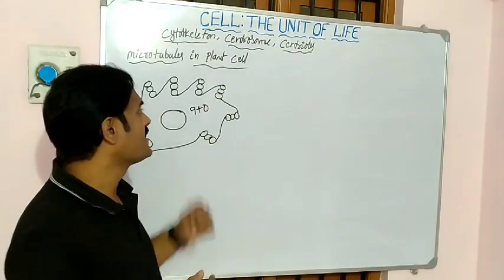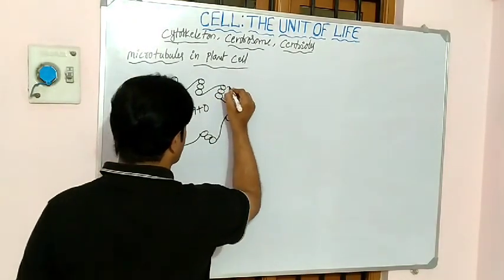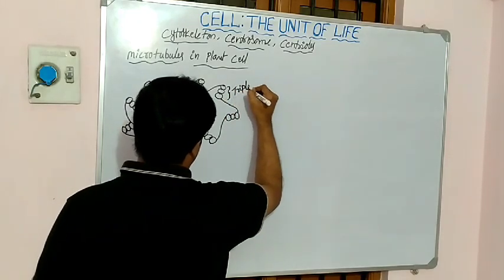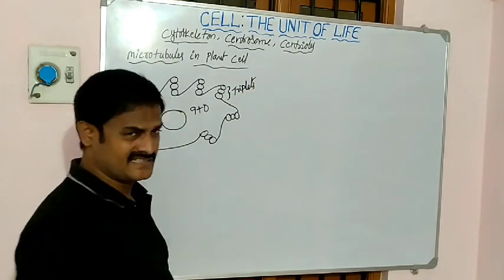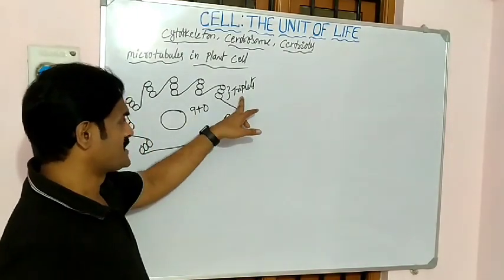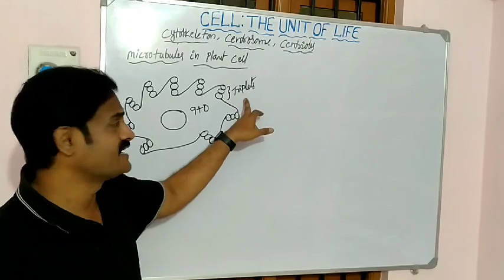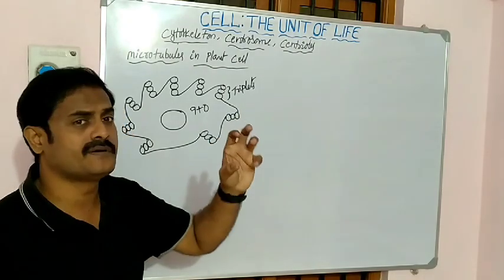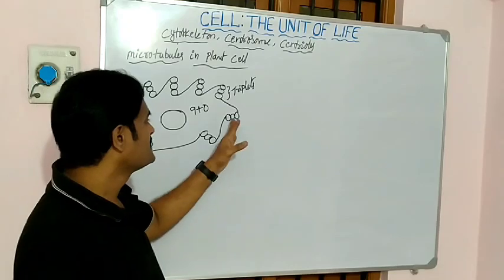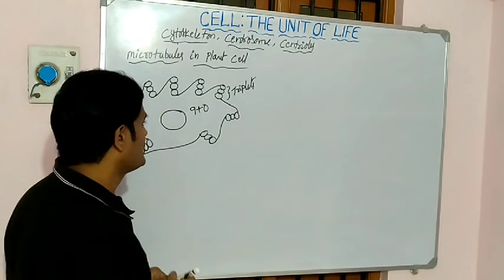This kind of microtubule is called a triplet. So in the plant cell, which type of microtubules is present? Triplets. Why are they called triplets? Three microtubules are joined to each other. They form tubes like this.